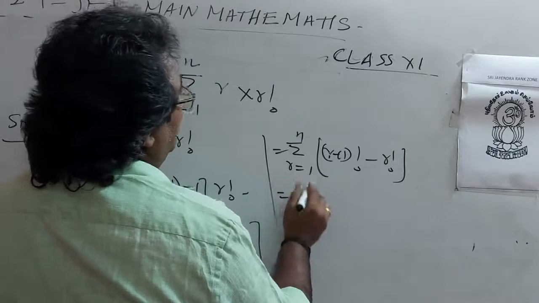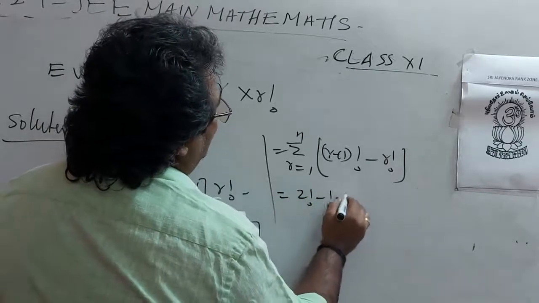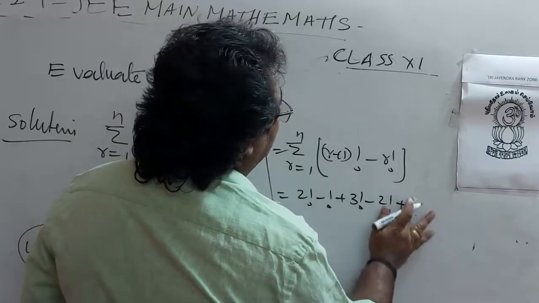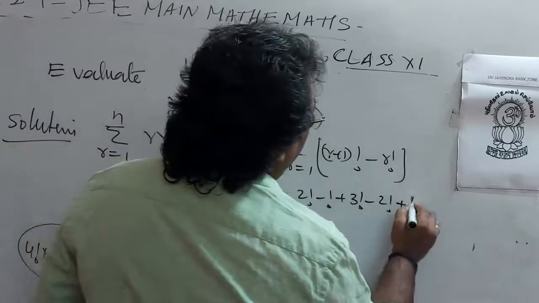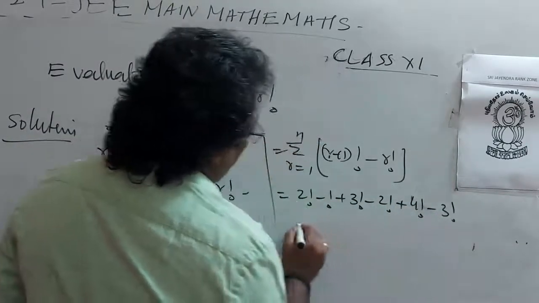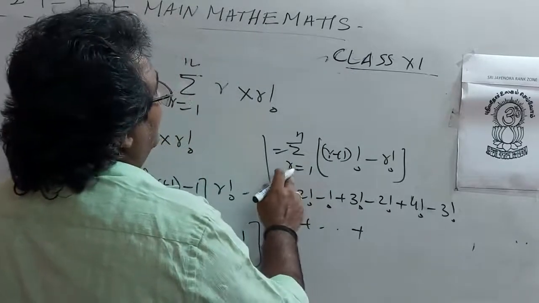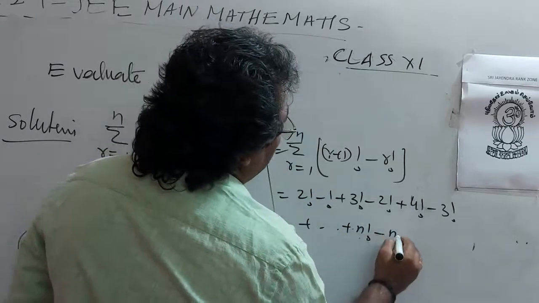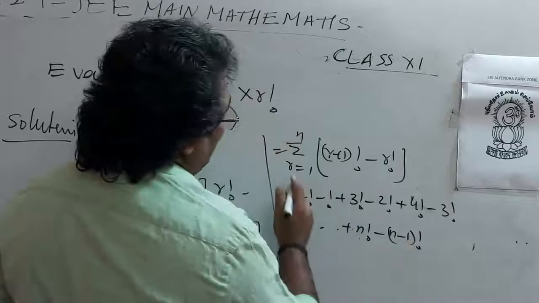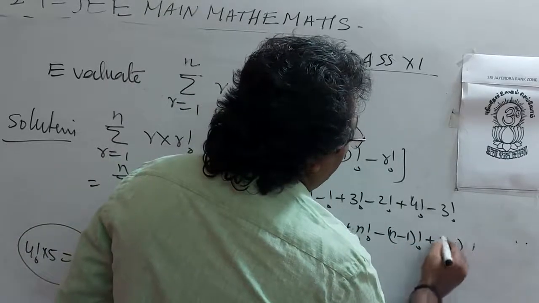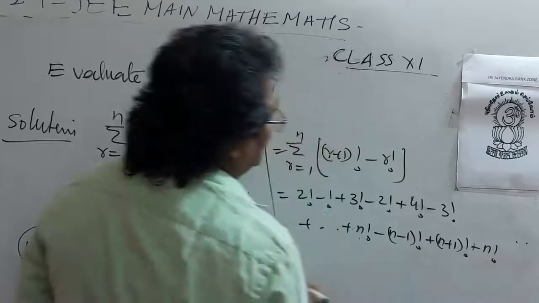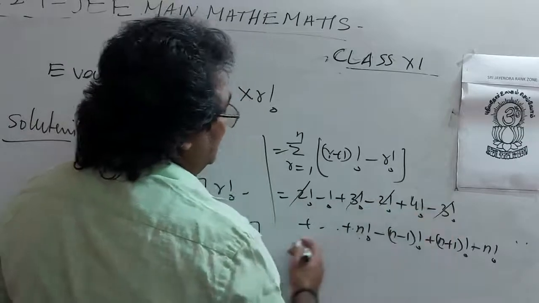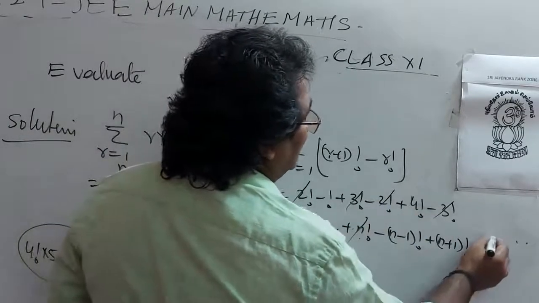If we take r equal to 1, 2 factorial minus 1 factorial, plus 3 factorial minus 2 factorial, plus if we take 3, 4 factorial minus 3 factorial, plus etc. If we take n minus 1, n factorial minus n minus 1 factorial, when we take n, n plus 1 factorial minus n factorial. 2 factorial, 3 factorial, like that, all values will be cancelled.